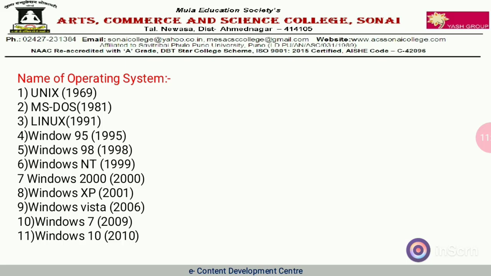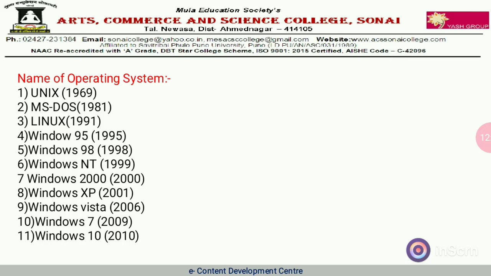Next is Windows 95. In 1995, Windows 95 was introduced and the name given is Windows 95. In 1998, an advanced version of Windows was introduced and the name given was Windows 98.